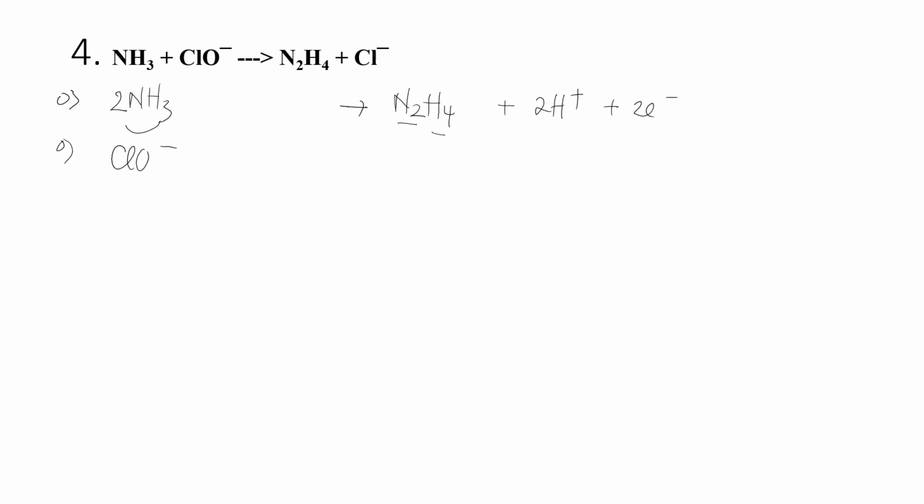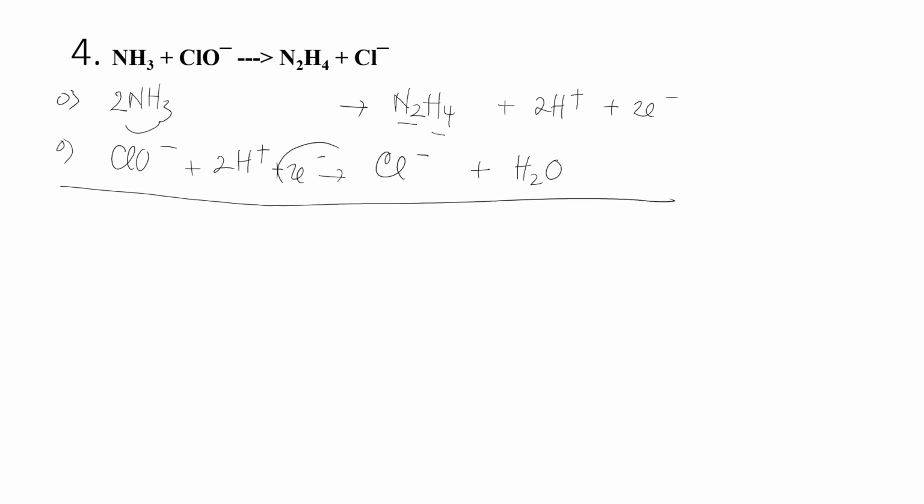ClO minus to be Cl minus. So we need to add H2O, only one O, and then plus 2H plus. The electron is 2 electrons. So the number of electrons is the same, cancel out.